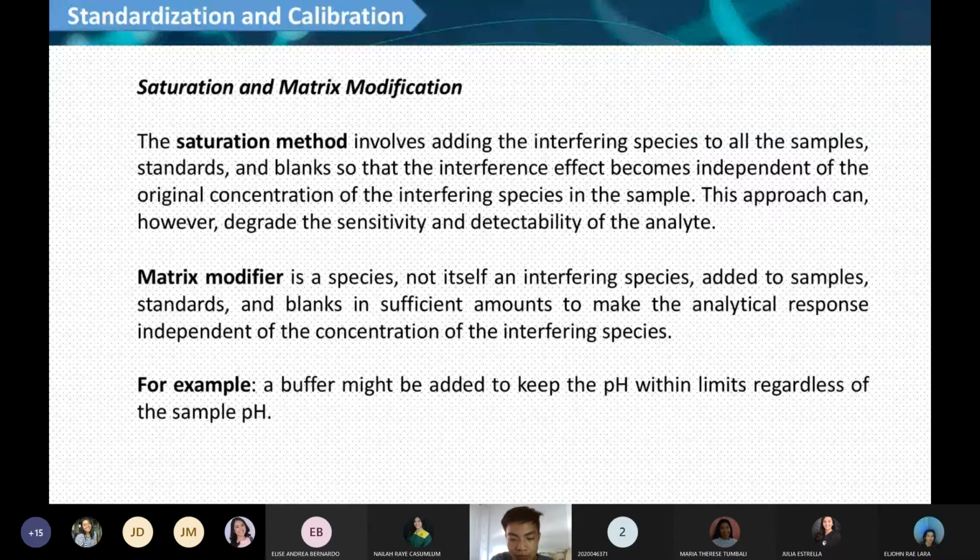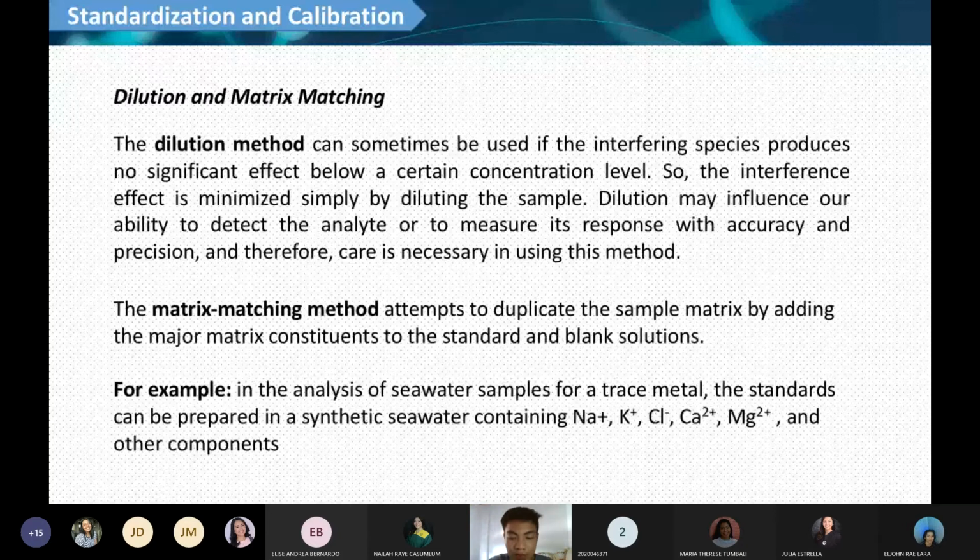So, pwedeng saturation method, you concentrate your solution so that the analyte, no, yung gusto mong substance yung mababasa. Pwedeng mag-add ka ng matrix modifier so that when you add that sa inyong solution, mawawala yung mga interferences. Pwedeng dilution if you do not want the concentration of your interference to be significant.